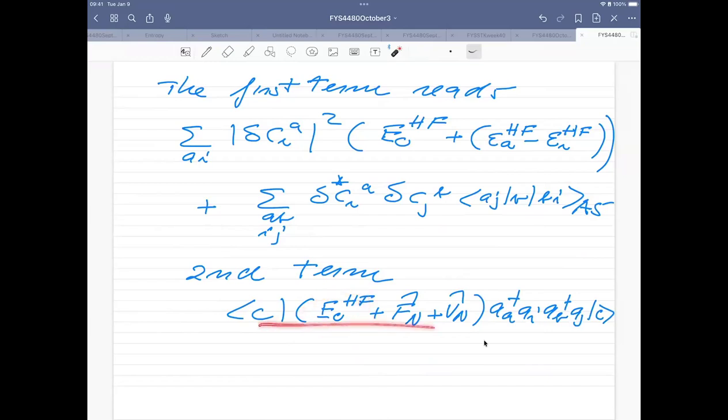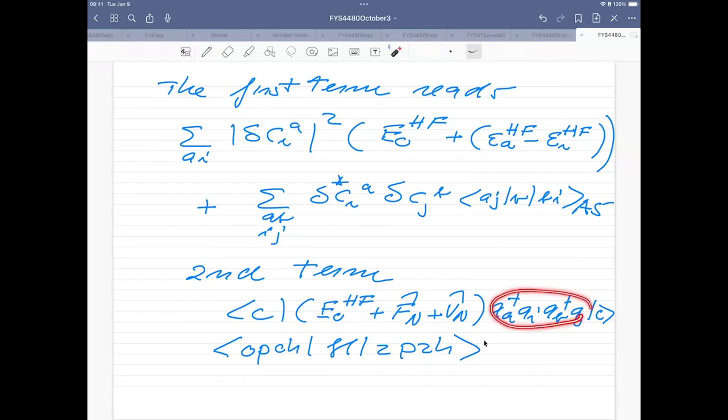We have actually calculated this term before, because what you basically have here is the overlap between a 0-particle 0-hole state, the Hamiltonian, and a 2-particle 2-hole state. Because you see now that this specific chain of operators creates a 2-particle 2-hole excitation. I can always rewrite it.